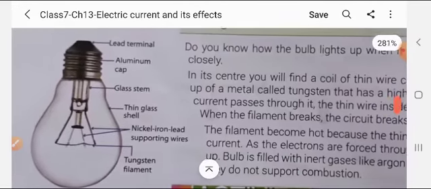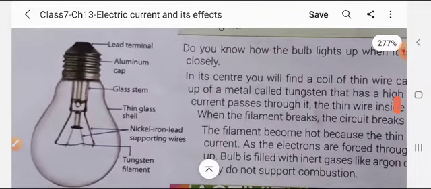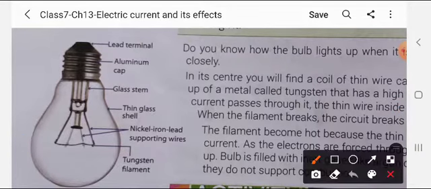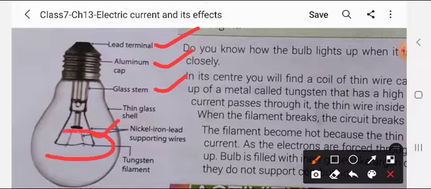This is a terminal. This is an aluminum cap. This is the glass stem on which the nickel iron lead supporting wire is there, and on that is tied a material made of tungsten which gets heated.